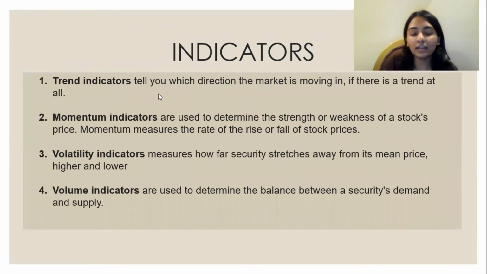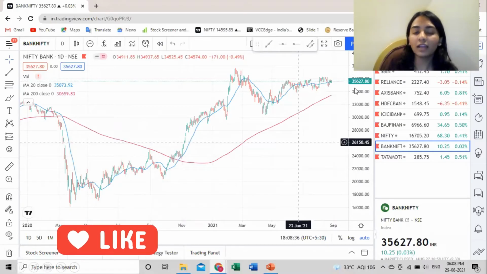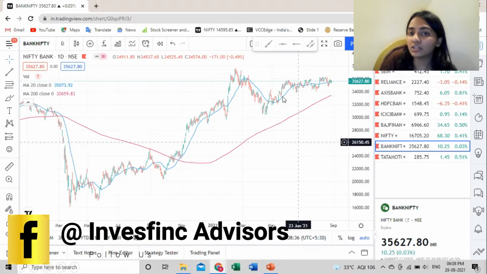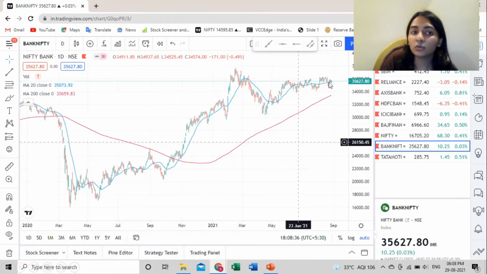The trend indicator basically tells you in which direction the market is moving and if there is a trend at all. Over here I've taken the moving average 20-day close and a moving average 200-day close. The 20-day moving average takes 20 days of candles into consideration to give you an average line, telling you the direction in which the price is moving and what the momentum is.